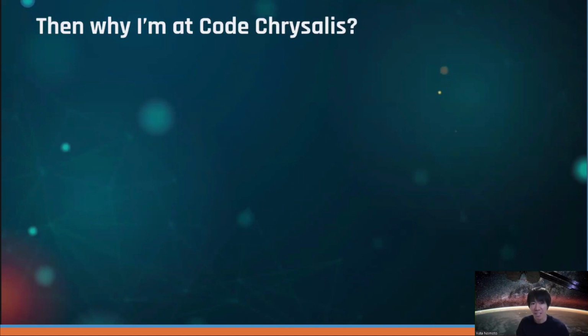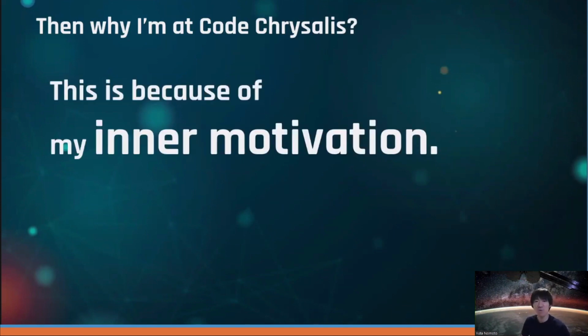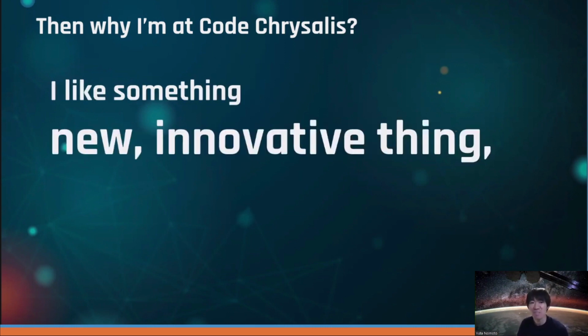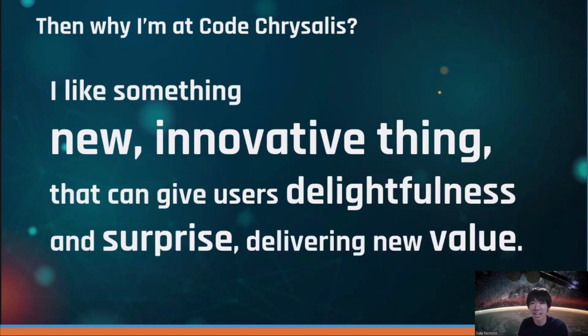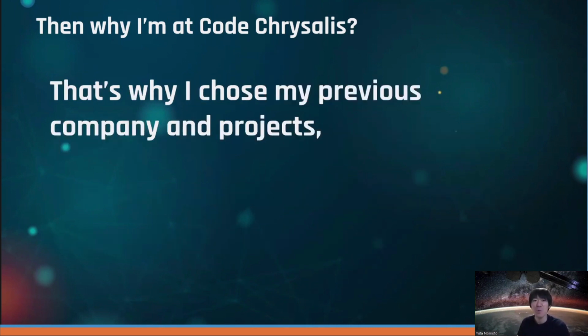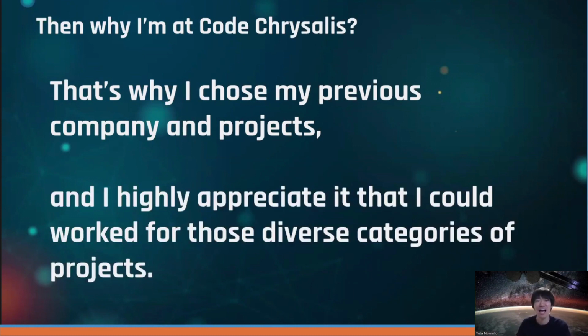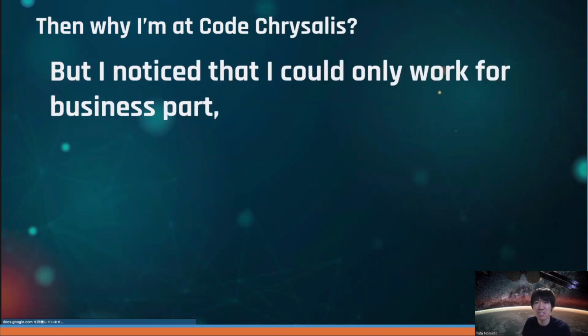Then why am I at Code Chrysalis right now? This is because of my inner motivation. I like something new, an innovative thing that can give users delightfulness and surprise, delivering new value. That's why I chose my previous company and projects. And I highly appreciate that I could work on those diverse categories of projects.